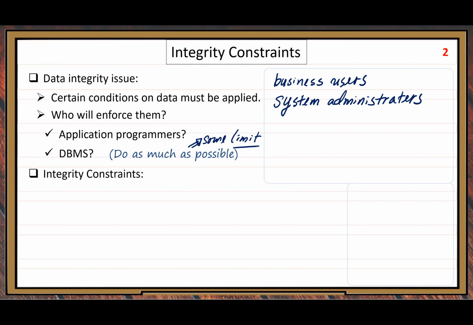Here, let's look at the basic integrity constraints. First, specifying a data type for each data item.